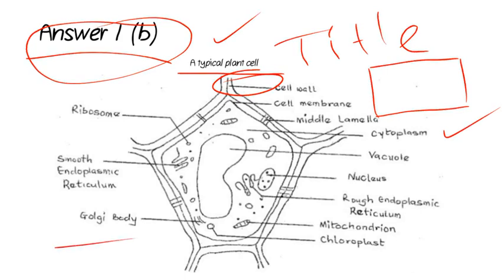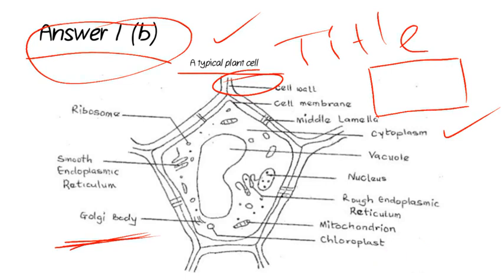You don't draw a line like this. The next thing to take note of is that the lines should not have an arrowhead. Do not put an arrowhead on your lines. This will cause you to lose marks for labeling.